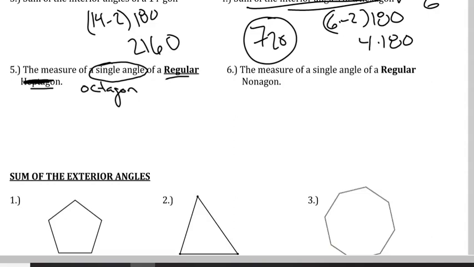So when we look at this, normally we wouldn't be able to figure out what one of the angles is. We could only find out the sum of all of them. Let's just find the sum real quick. 8 minus 2 times 180. 8 minus 2, that would give us 1080.